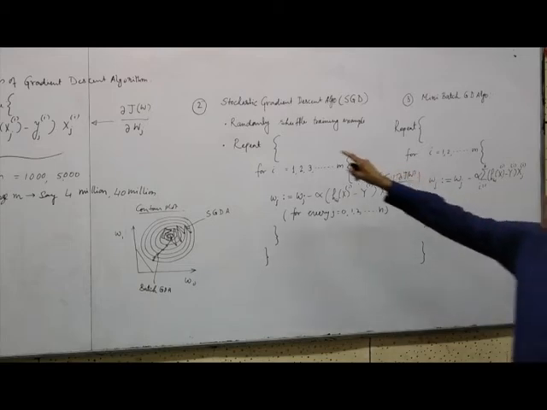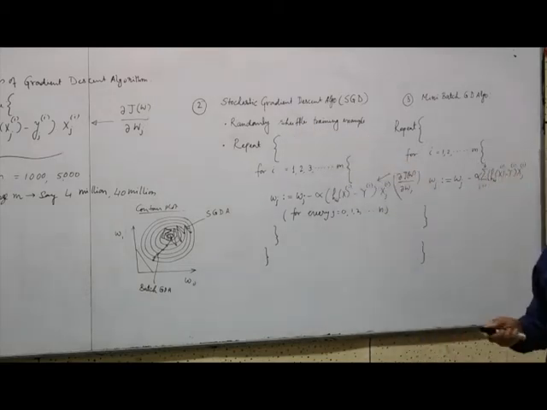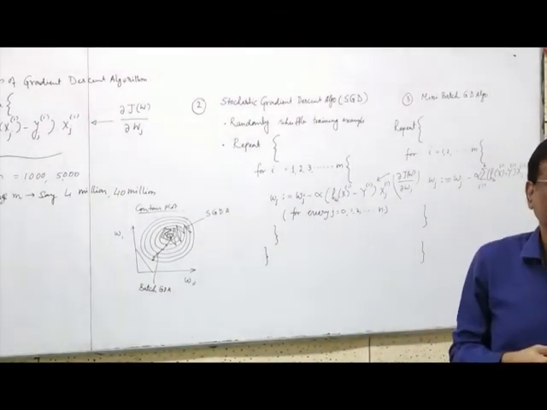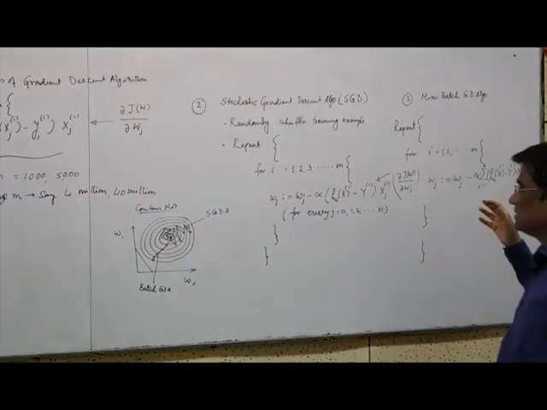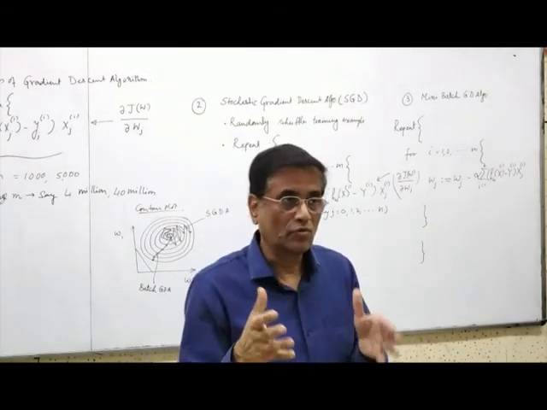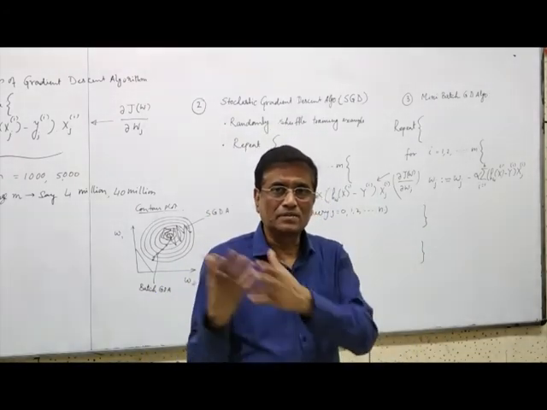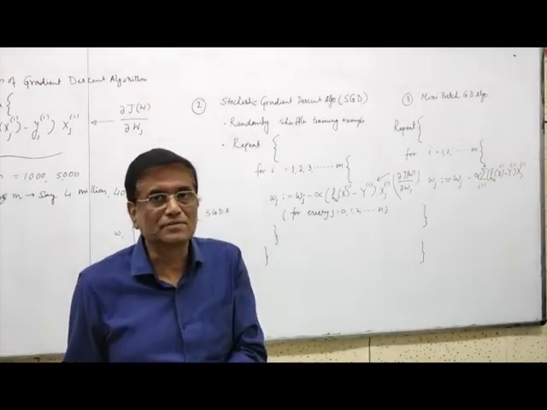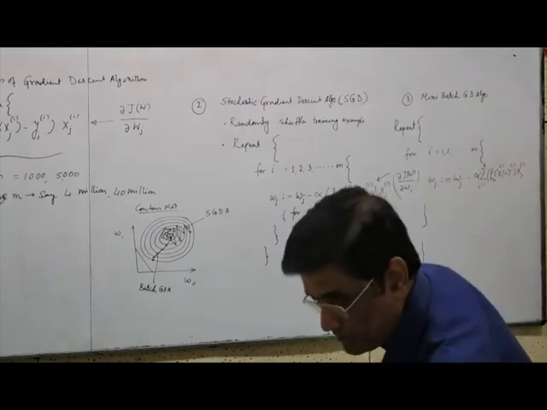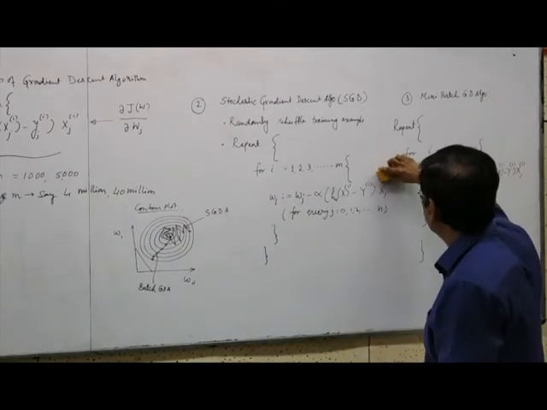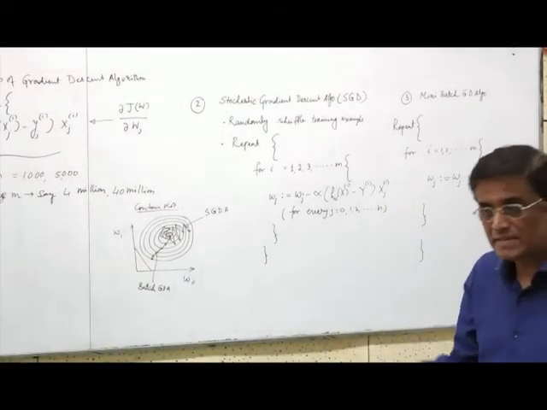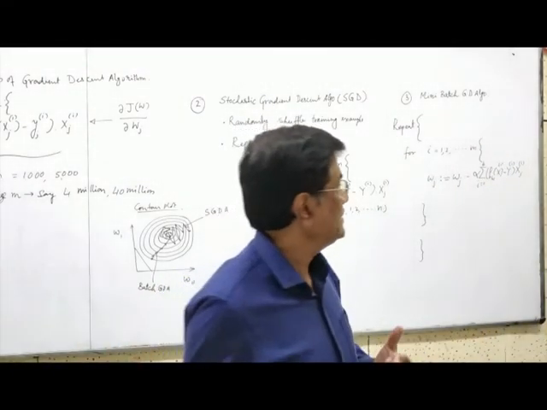Instead of randomly sampling a training sample, what we are doing is randomly shuffling a batch. Say I decide some 100 or 1,000 samples will make up a batch. Again, it is your decision whether it will be 1,000 or 10 or 100 or more, 10,000 maybe. It depends on your problem. But if we can do that, we are talking about shuffling not the individual sample but a batch.